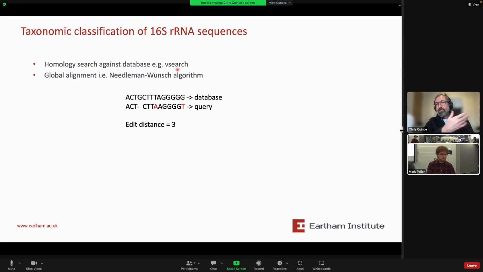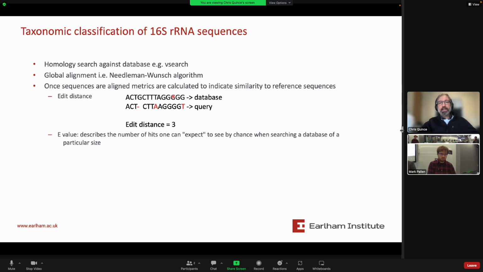And that's actually what VSEARCH, for example, does, and also USEARCH, which are probably the two most commonly used programs for this particular problem in 16S.